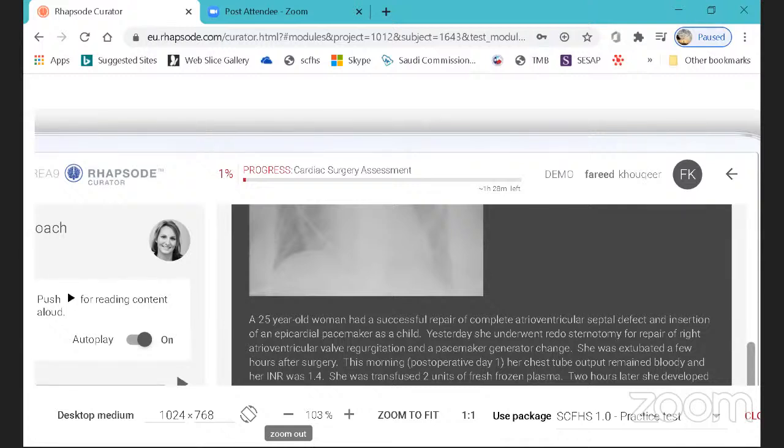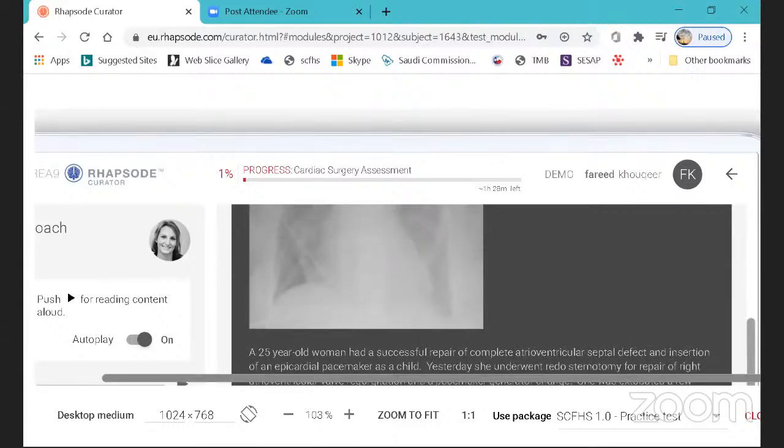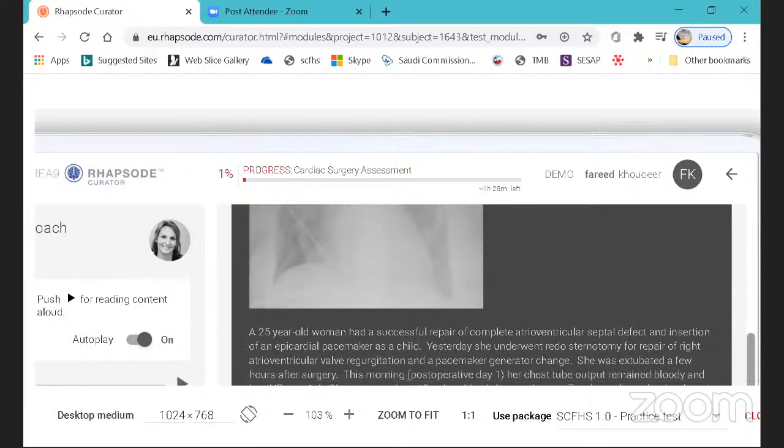She was extubated a few hours after surgery. The morning post-op day 1, her chest tube output remained bloody and her INR was 1.4. So it's a little bit concerning here, usually not much, but anyway. She was transfused 2 units of, oops.